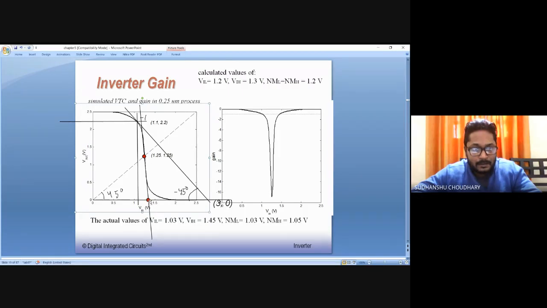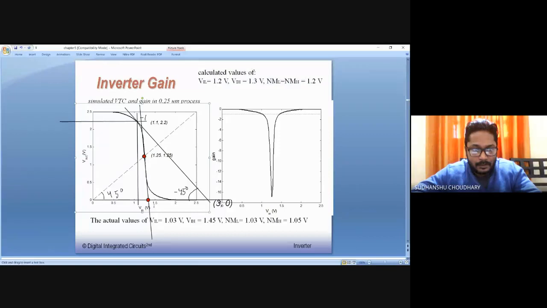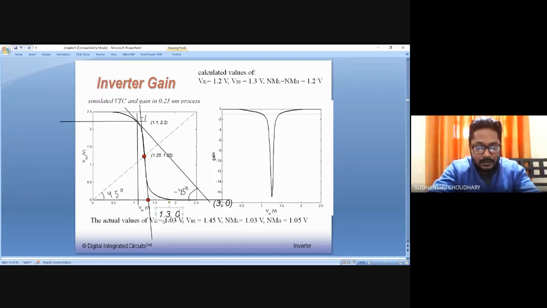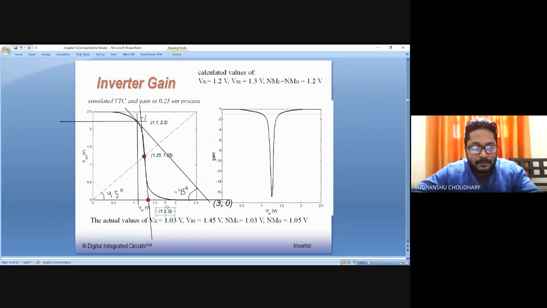So 1.3 comma 0. So let's write the coordinate as 1.3 comma 0 for this point. So we got 2 points, and we'll apply the same concept here, that is equation of straight line which is connecting 2 points, right? So 2 points are 1.25, 1.25 and 1.3 comma 0.